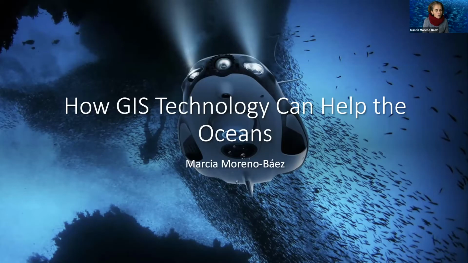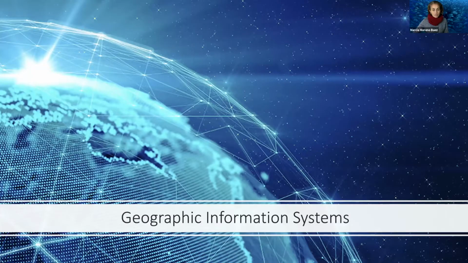So first of all, for all of you who have not heard about GIS, GIS stands for Geographic Information Systems and is built upon the science of geography. So imagine a system that combines powerful mapping and visualization tools with a very strong framework for data integration, analysis, and modeling.